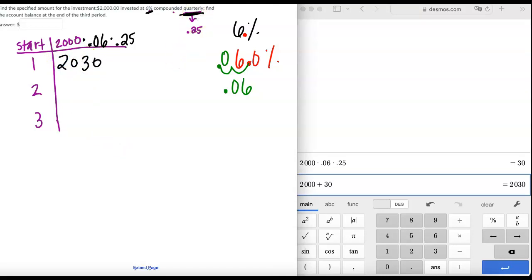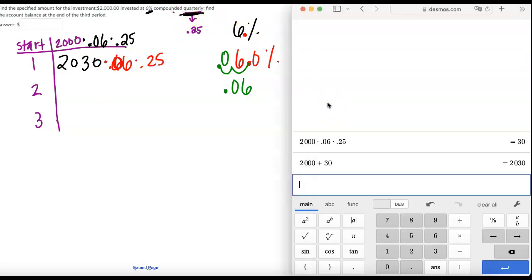And then we're going to do it again. Like I said, these take a while. So I'm going to multiply that by the interest, 0.06, and then by 0.25 because it's quarterly. Okay, so 2030 times 0.06 times 0.25, and that's the interest that I'm adding.